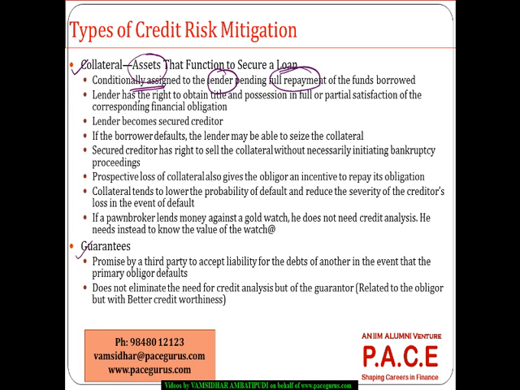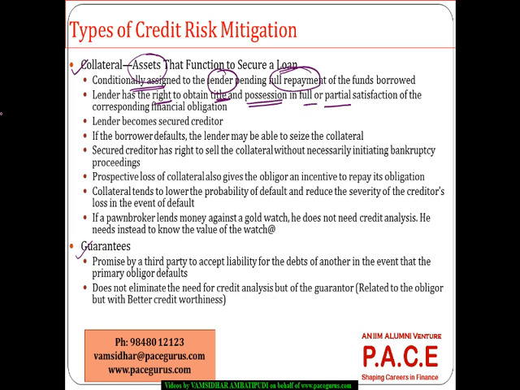And in case I don't make the payment, the interest and the principal as per the terms and conditions in the contract, the lender has the right to get the title and possession in full or partial.